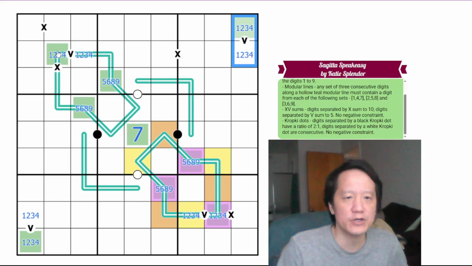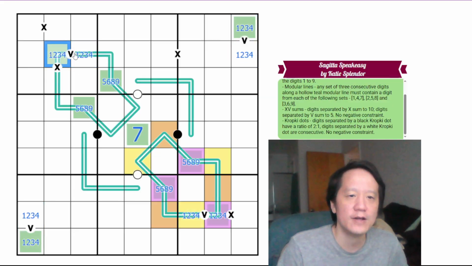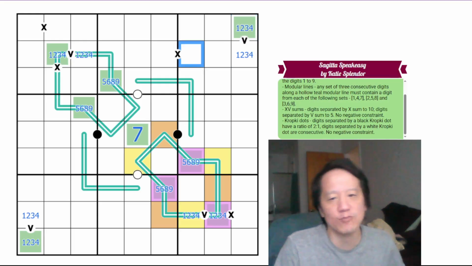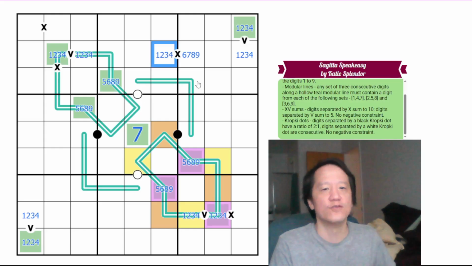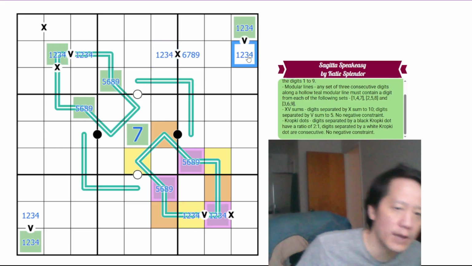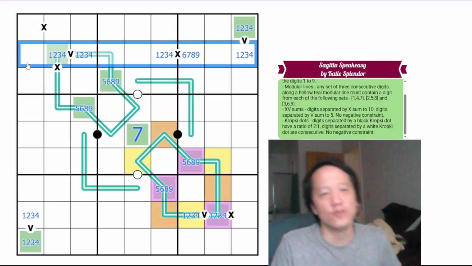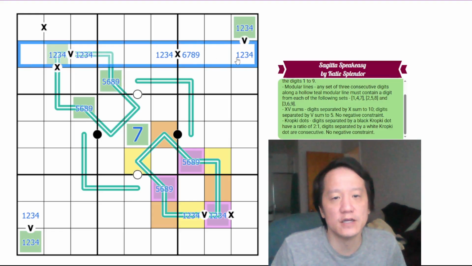And the reason why we know that is these two are from one set that adds up to 5. These two are from the other set that adds up to 5. And these two are in the same row as this cell, and these two are in the same box as this cell. So this cannot be 1 through 4. This must be 6 through 9 here, which makes this 1 through 4. That means we have a 1, 2, 3, 4 quadruplet in row 2, which eliminates 1 through 4 in the rest of the row.